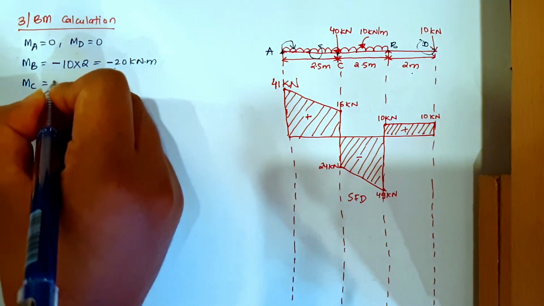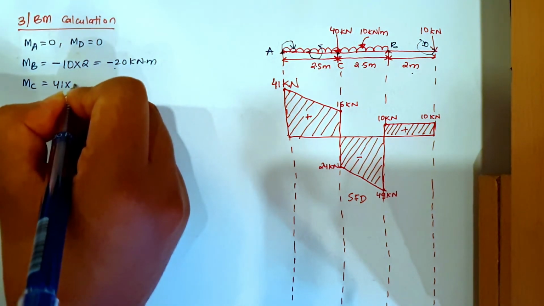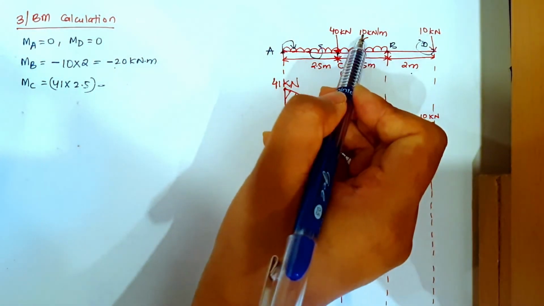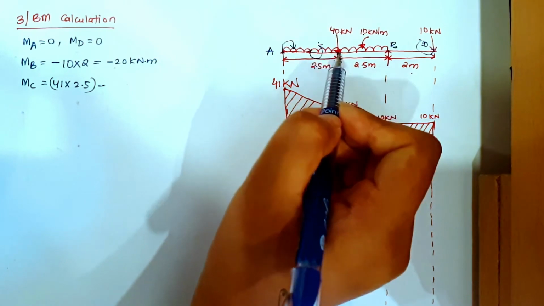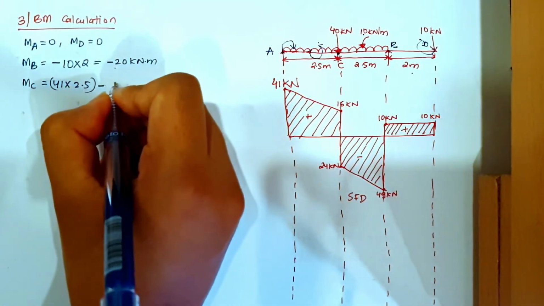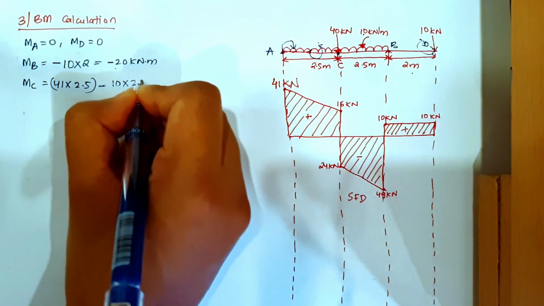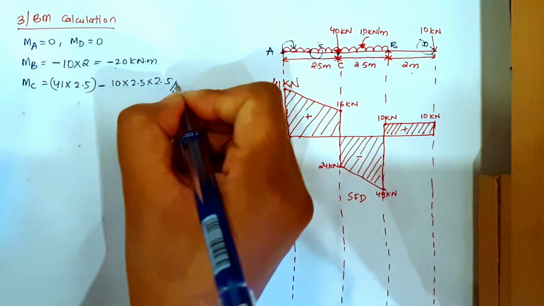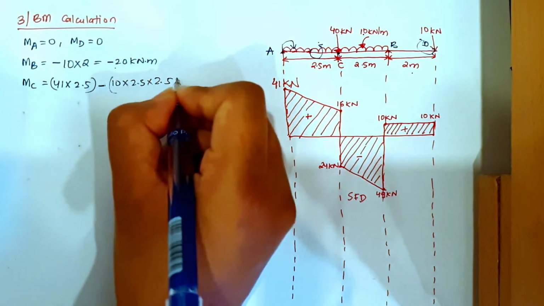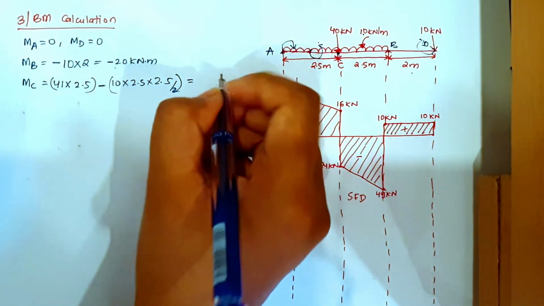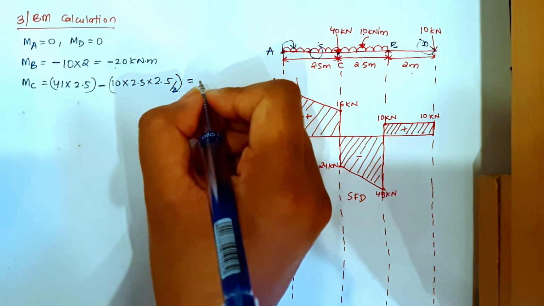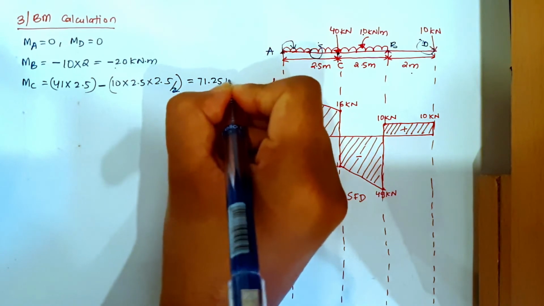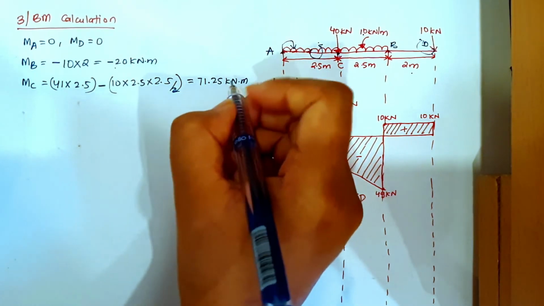RA was equals to 41 into distance is 2.5 minus, अब ये 10 kilonewton per meter load will go in a anti-clockwise direction towards C. So minus 10 into 2.5 into 2.5 by 2. This will give moment at C equal to 71.25 kilonewton meter.